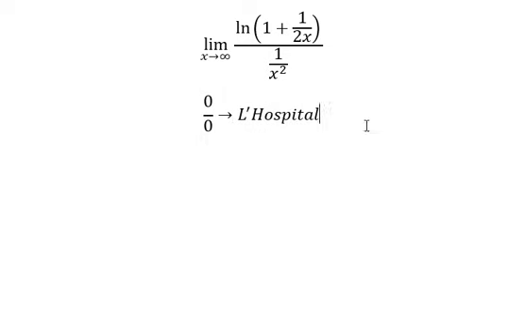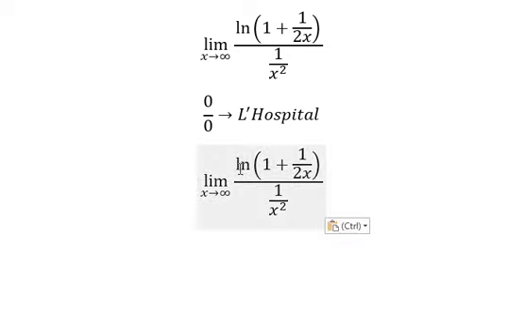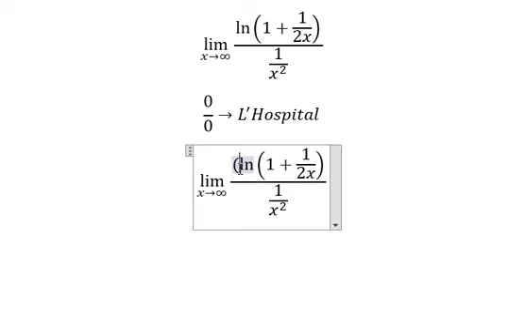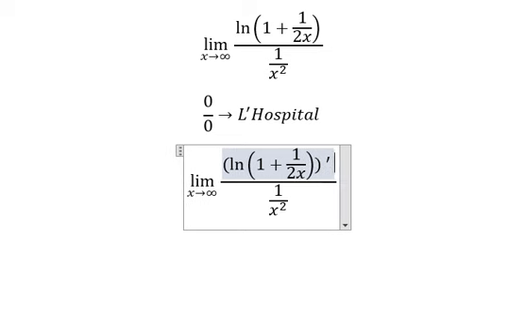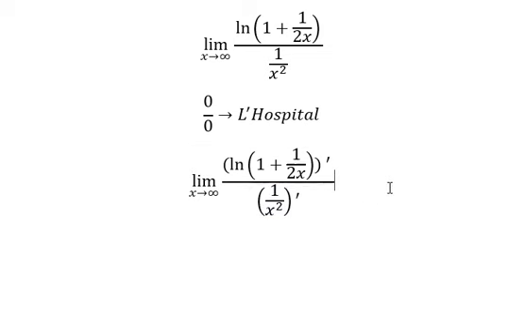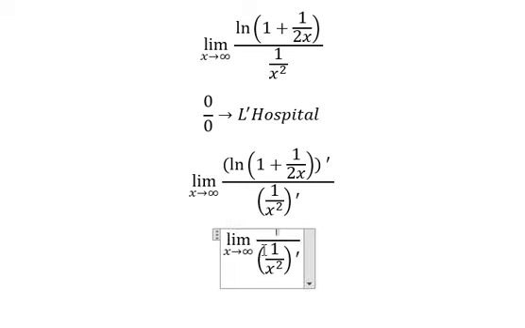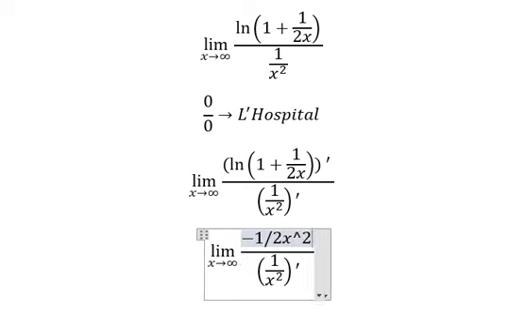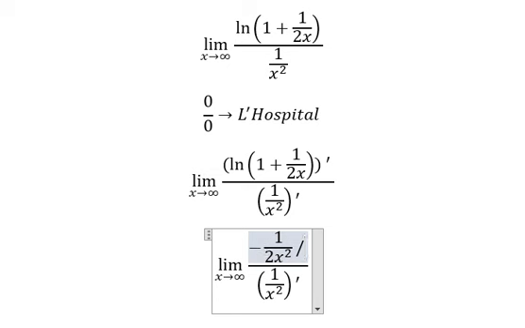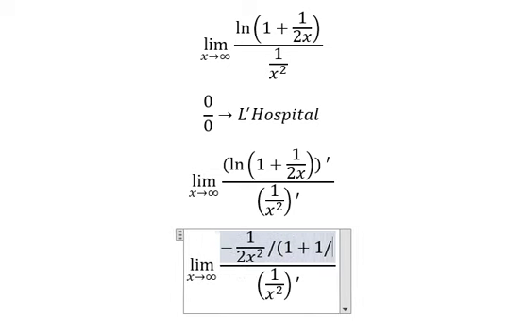That means we need to do the first derivative on numerator and denominator. So this one in here, we have negative 1 over 2s squared over 1 plus 1 over 2s.